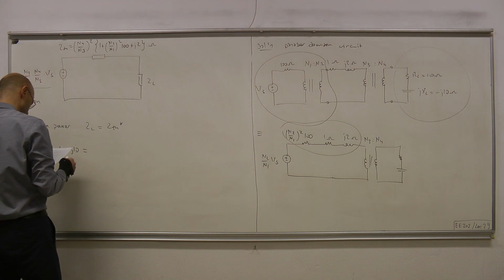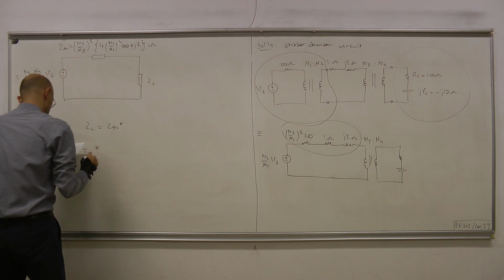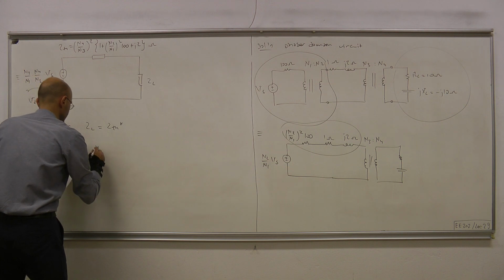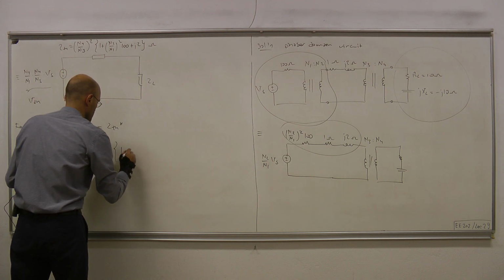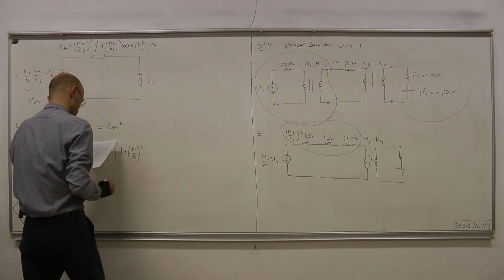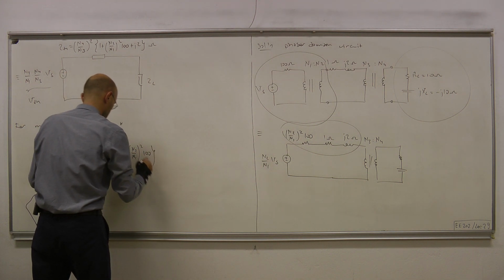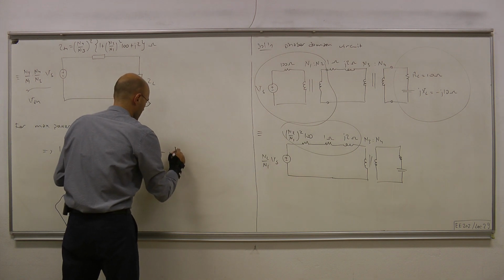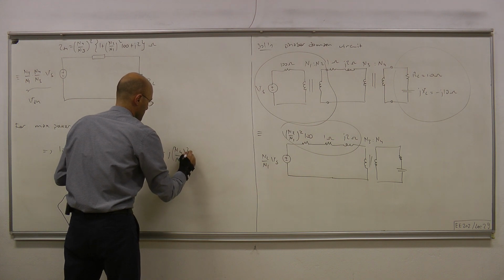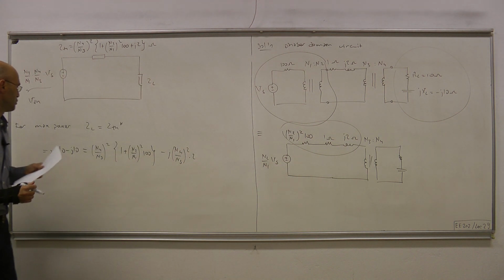Okay, so we have therefore N4 over N3 squared times 1 plus N2 over N1 squared times 100 minus J N4 over N3 squared times 2.